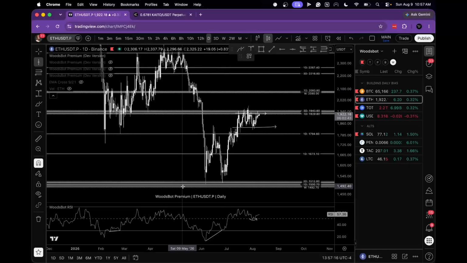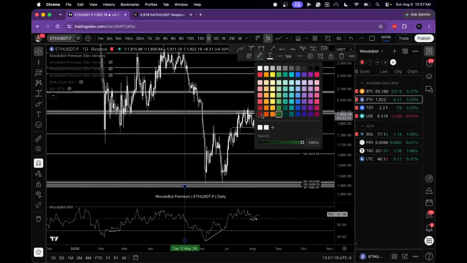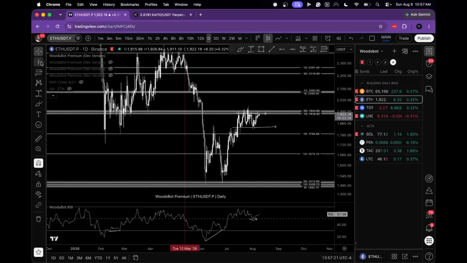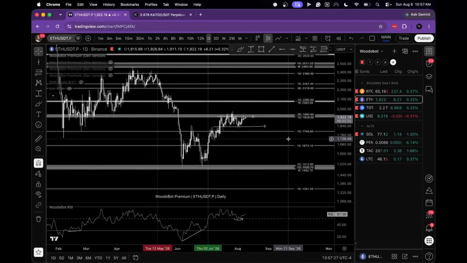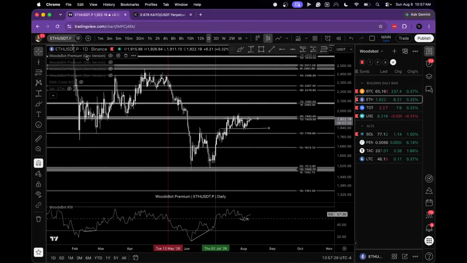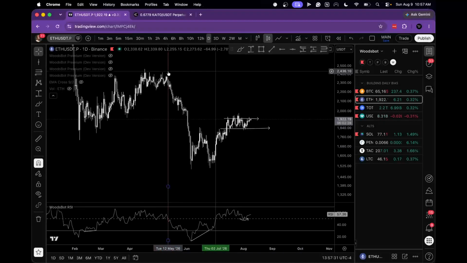So these are other things to look at. Let me just map this out so you can see clearly. Looking at higher time frames is also very key. That doesn't mean the 4 hour won't play out, but the market overall is very bullish in terms of at least consolidating. So if we just strictly take this off, this is where we lost the 50 mark on the daily, which is May 12th. We did not reclaim that until early July, right?